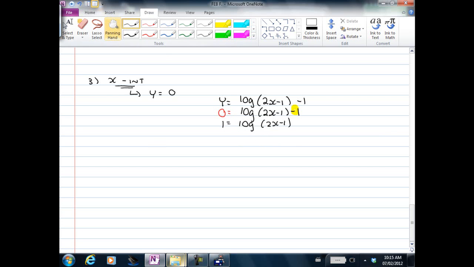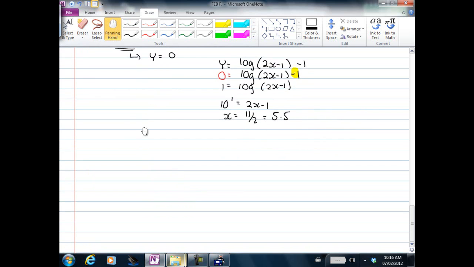See, when you have log on one side and a lone number on the other side, you put it in exponential form. 10 to the power of 1 equals 2x minus 1. X is equal to 11 over 2. And solve it from here. X equals 11 over 2, or roughly 5.5. That's your x-intercept.